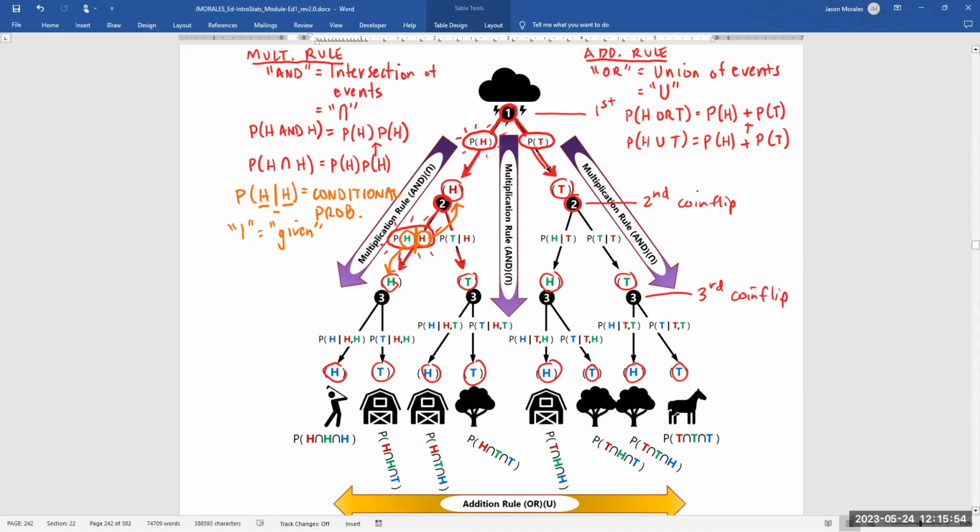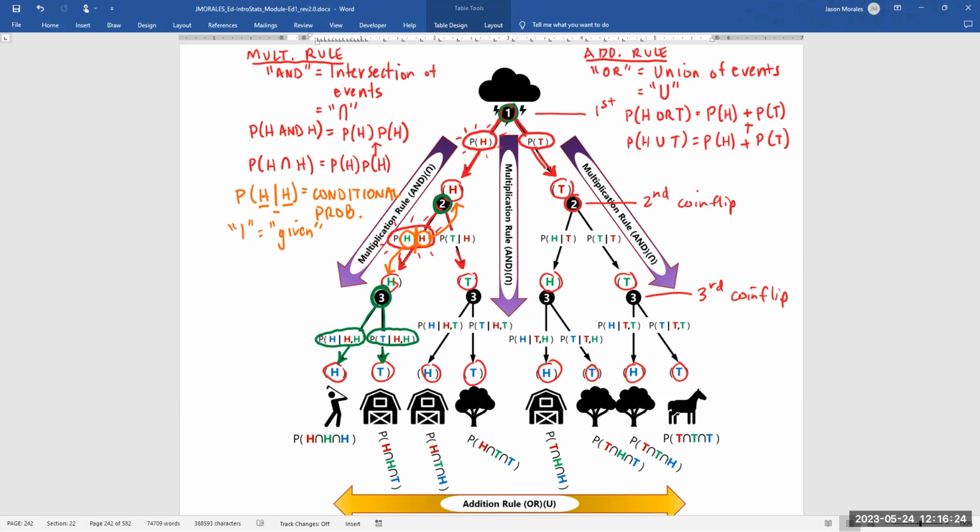So we started with the first coin flip being heads, and then the second coin flip, just for the sake of argument, also being heads. And so at the third coin flip, we can have heads and we can have tails. And you can see here we've got the conditional probability for that history of 3 coin flips.